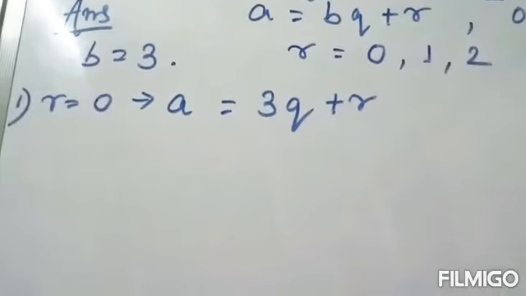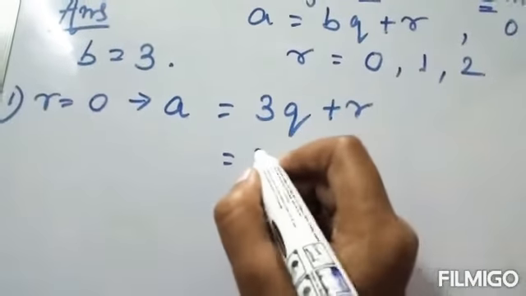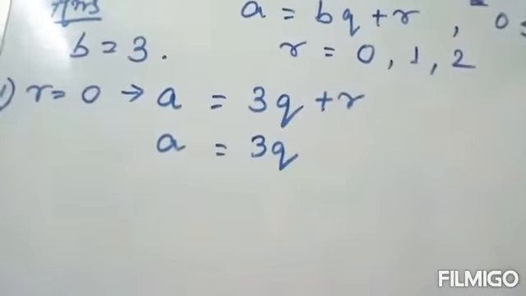A is equal to 3Q plus R, or we can say if R is 0, A is equal to 3Q.